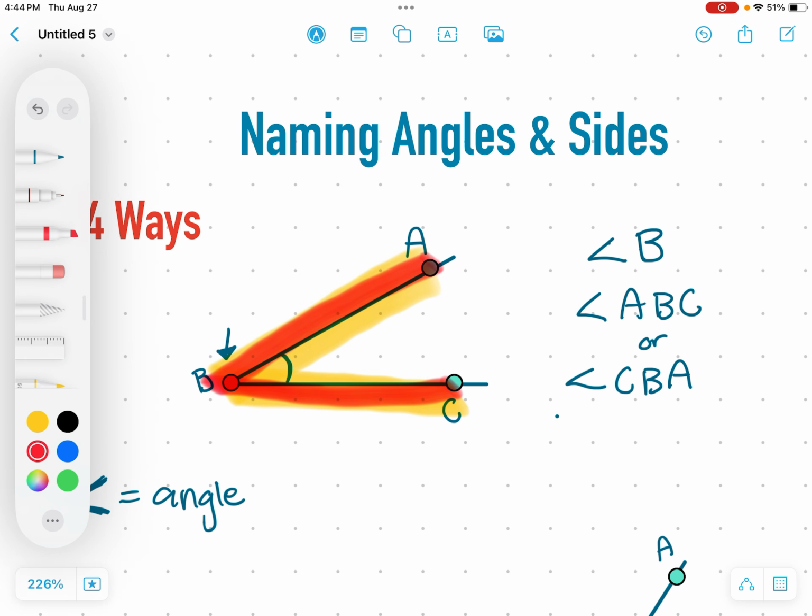Notice that in both of these examples, B is in the middle because that is the vertex. The vertex of your angle has to be in the middle.